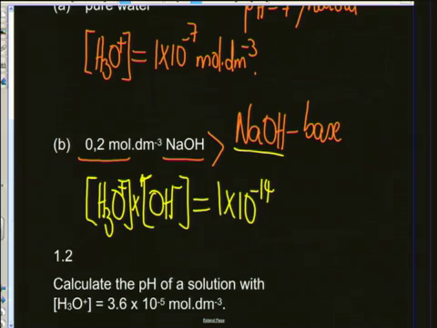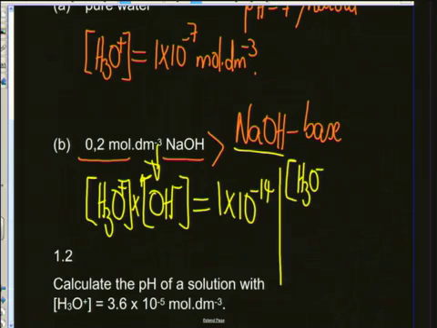Now, if I were to find the concentration of the hydronium ions and I'm given the concentration of the hydroxide ions, all I would need to do is substitute for that. So I'll say the concentration of the hydronium ions, which is what I'm looking for, times the concentration of the hydroxide ions, which will be the same as the concentration of sodium hydroxide.